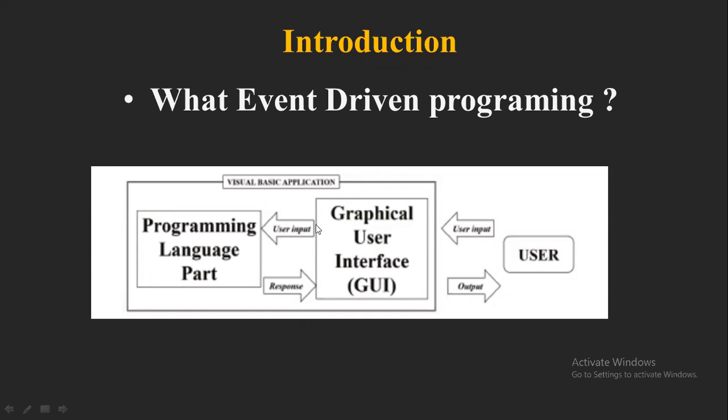Then it gets transmitted to the programming language, the programming language processes it, and then responds again with the help of the graphical user interface. For example, you have selected one dish, then it responds with the dish price in your cart. After that, it will give you the output, your bill amount and all, right?